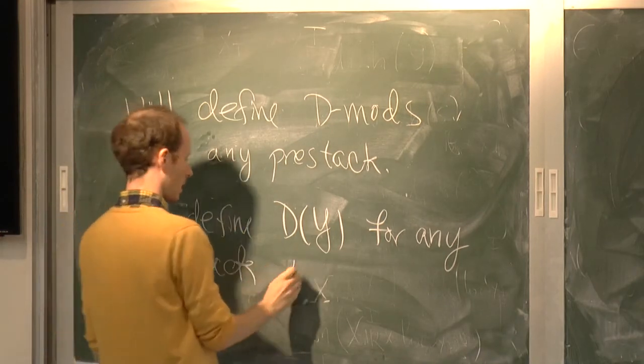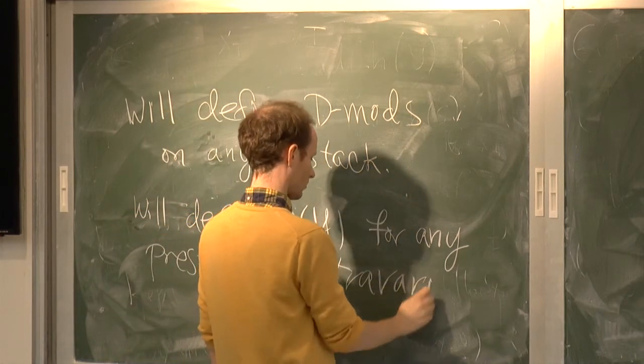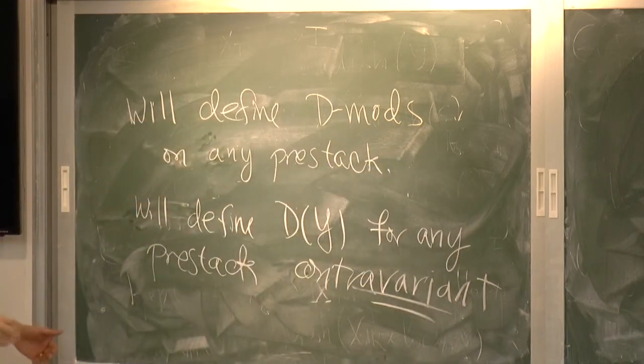And it will be contravariant. In other words, you'll only have upper Schriek functors. The question of push forward is a more subtle thing. We'll discuss it to some extent.